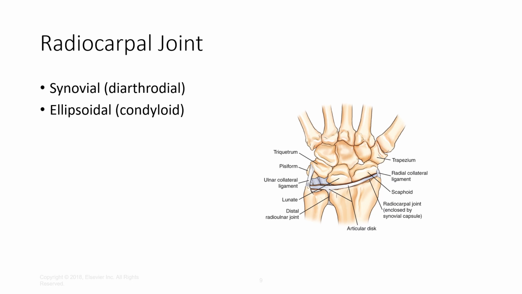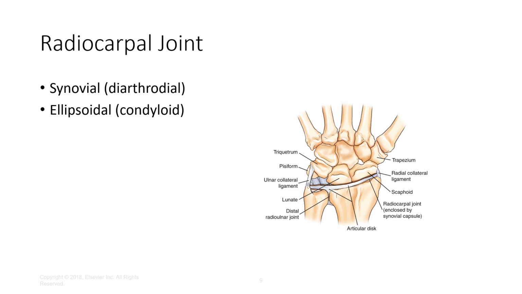The radiocarpal joint, I'm trying to correlate the page for you. Radiocarpal joint, this is on page 131. Okay, the radiocarpal joint is a diarthrodial joint. So the wrist joint itself is ellipsoidal and is the most freely movable, or diarthrodial, of the synovial classification.